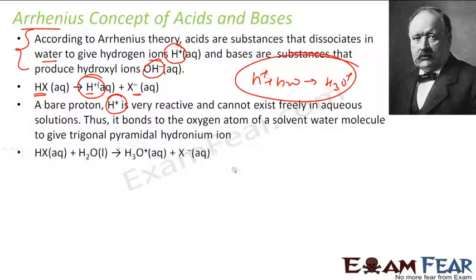So normally HX, an acid, with water gives hydronium ions and X minus. That's what actually happens. But if you remove water from H3O plus, it becomes H plus. This is the theoretical, and this is what happens actually. So that was his definition.